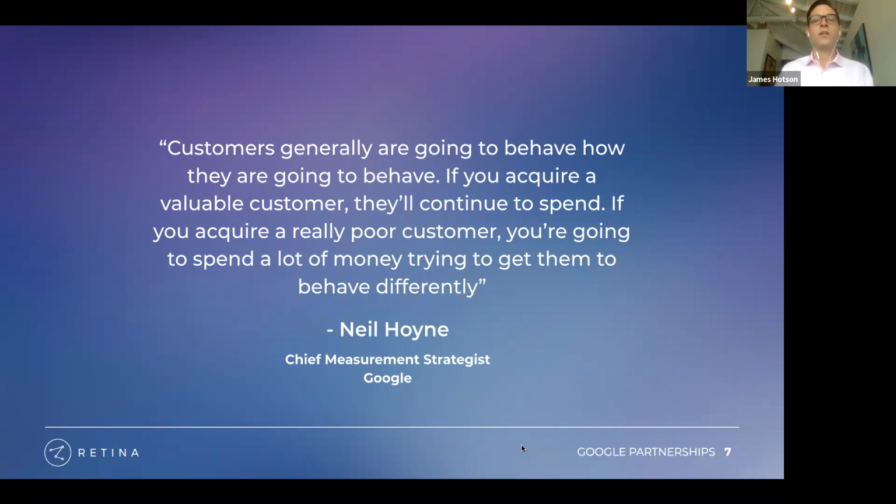There's nothing you can do. So don't spend money on these dormant churned customers, and suppress them from your lookalike when you're doing more acquisition ads, because you don't want to find more of those. If every customer that comes in the door from Google churns 10% faster than every customer coming in the door from Facebook, maybe focus your energy a little bit more on Facebook than Google.